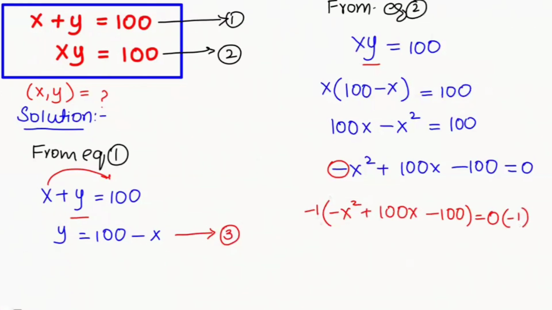So this will turn to positive: x square minus 100x plus 100 equals 0. Now here we get the quadratic equation.